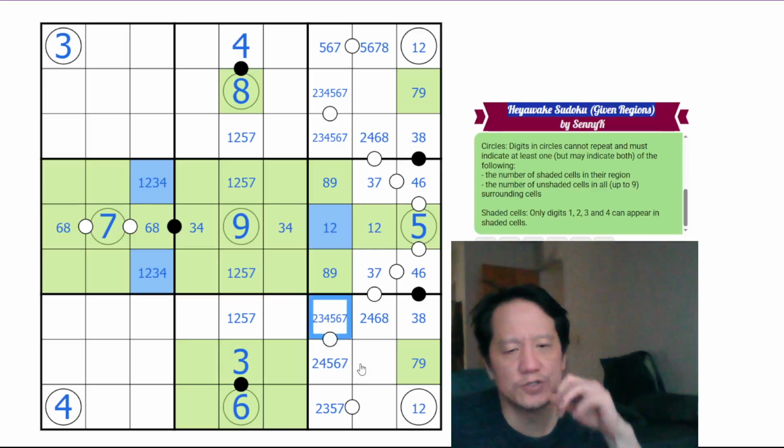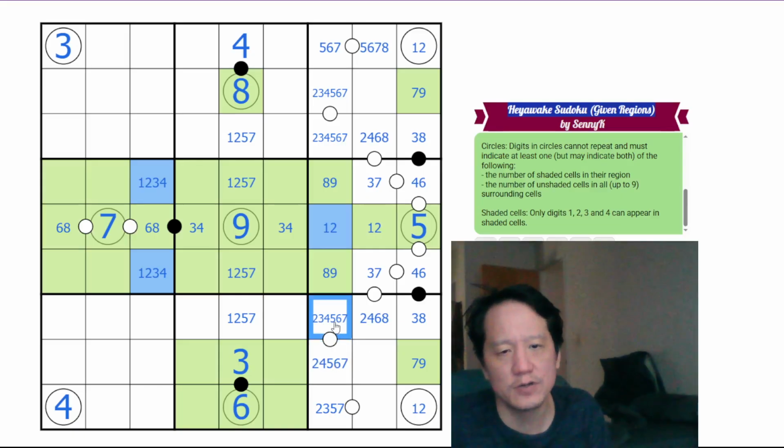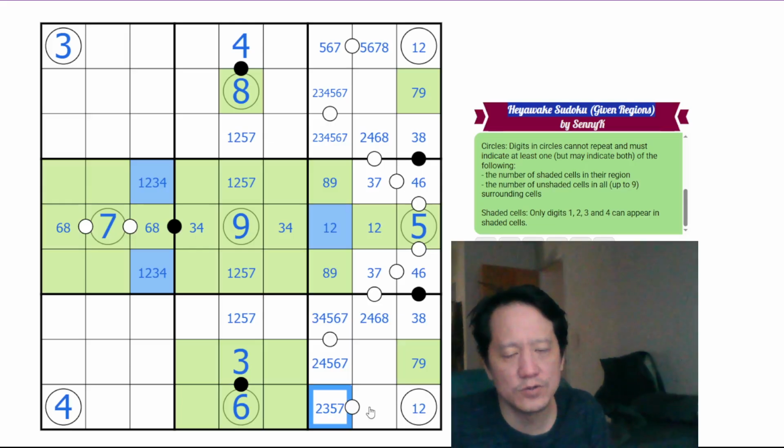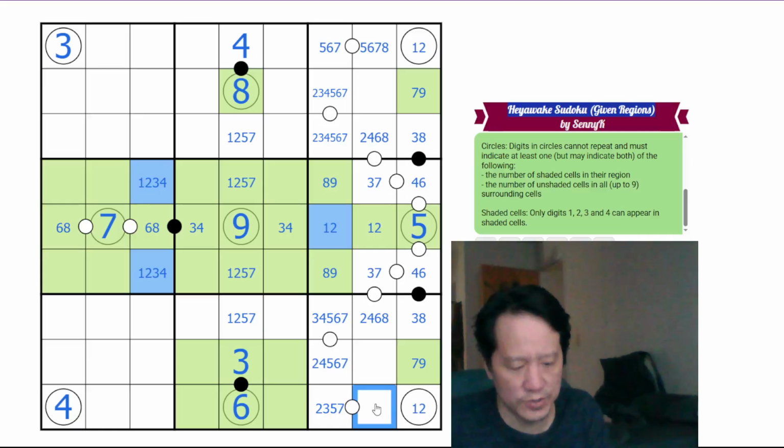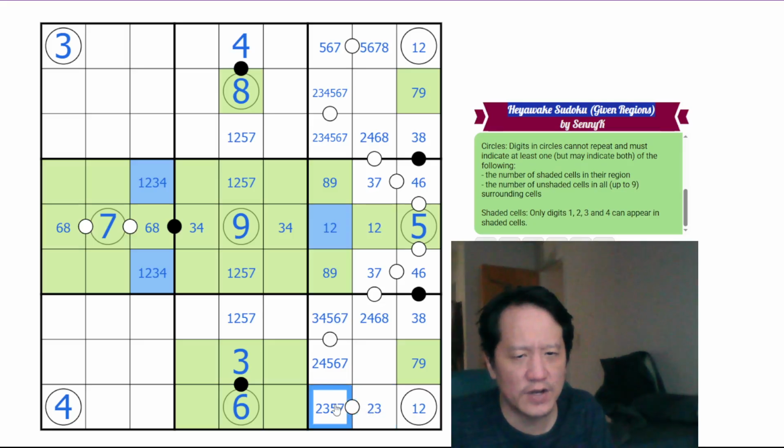This cannot be 2 here because that would force 3 to be here because it can't be 2 and 1. If this is 2, you cannot have 1 here, so it could be 3 here. If it's 3, cannot be 4 here, so that's 2. If it's 5 here, it can't be 5 because 4 and 6 are eliminated from the row. 7 can be with 8.